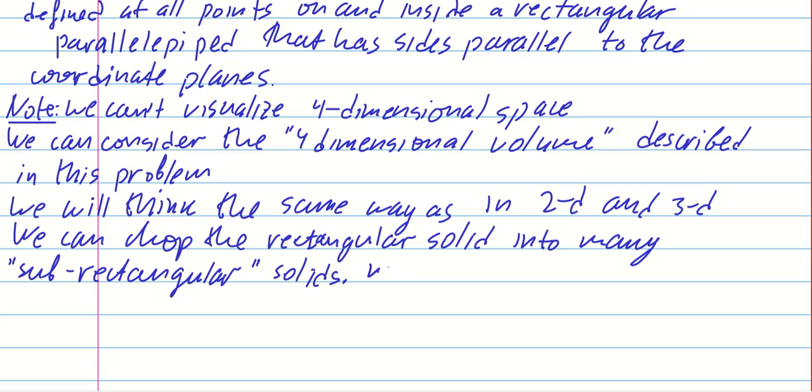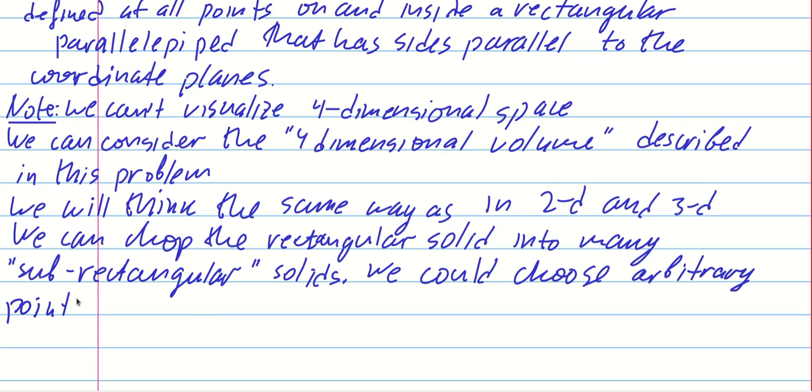Then we can choose arbitrary points inside each of them, and we usually put stars on these arbitrary points: x sub i star, y sub j star, z sub k star.